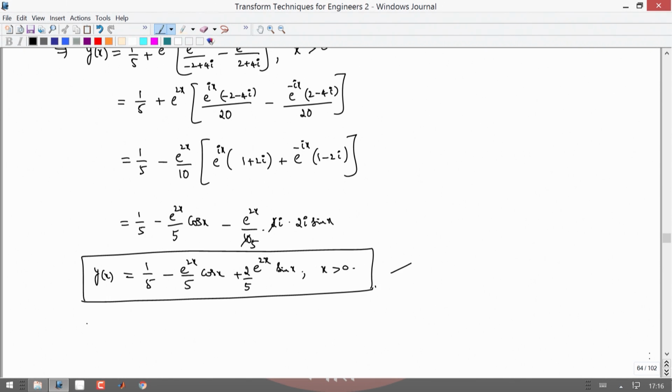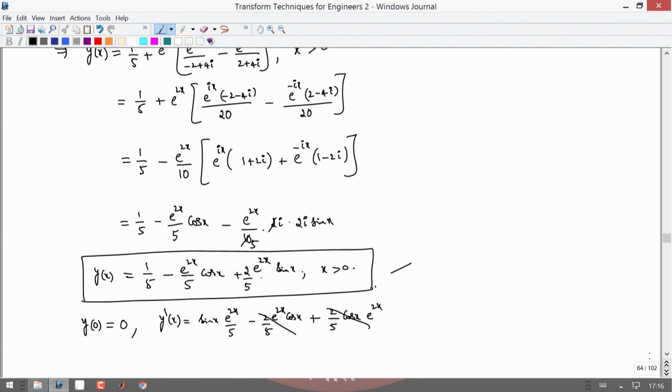Okay. So, as you can see, when you substitute y at 0, cos 0 is 1. So, you have 1 by 5 minus 1 by 5, that is 0. This term is 0. So, it is clearly y of 0 is 0, and if you calculate y dash of x, if you differentiate this, this is 0, and here you have sin x e power 2 x by 5, and here a minus 2 e power 2 x cos x by 5, and again if you differentiate this term, so 2 by 5 cos x e power 2 x, and this gets cancelled anyway.